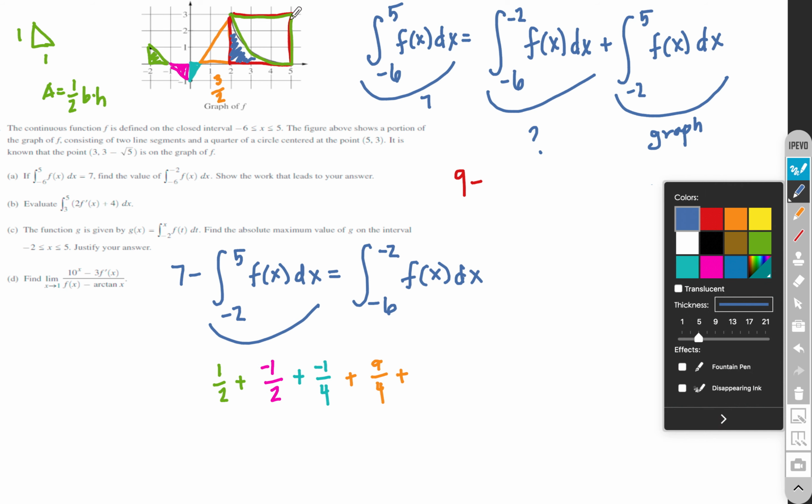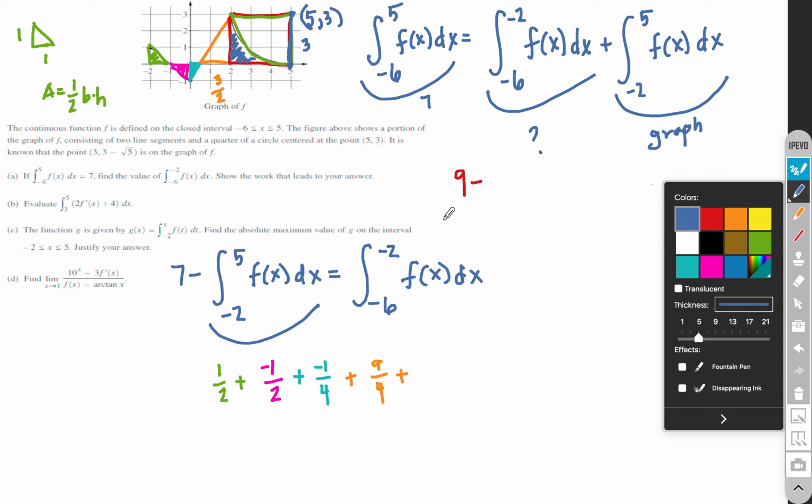This circle has radius 3. I know that because the center is given as 5, 3. And so if I'm just looking, what is the distance from the center to some point on the circle? This is one such point on the circle, and so this distance here is, we can see from the geometry, it's 3.